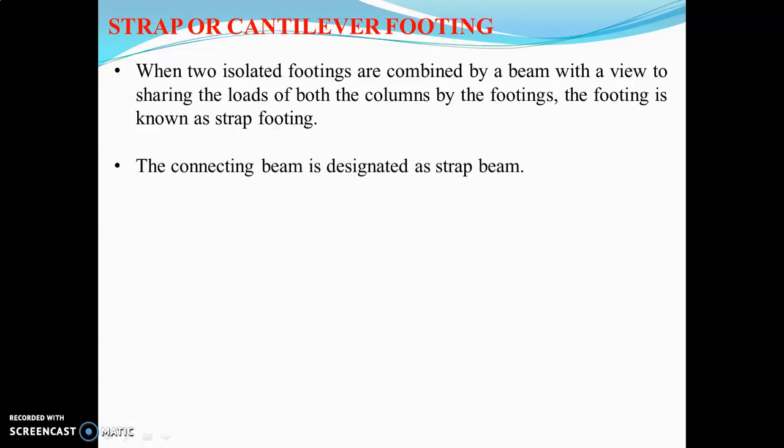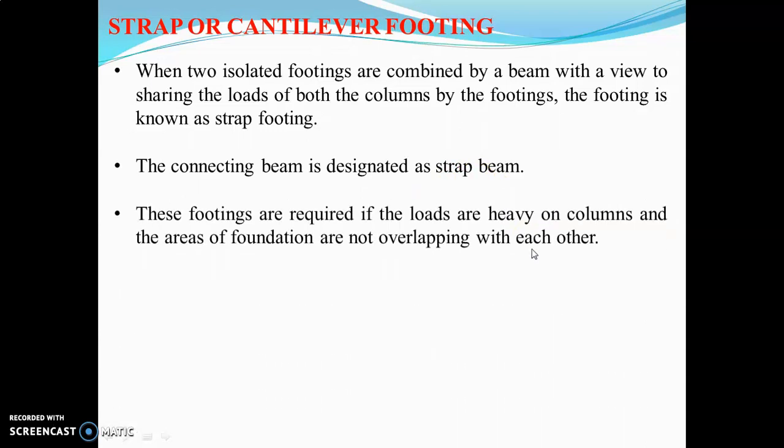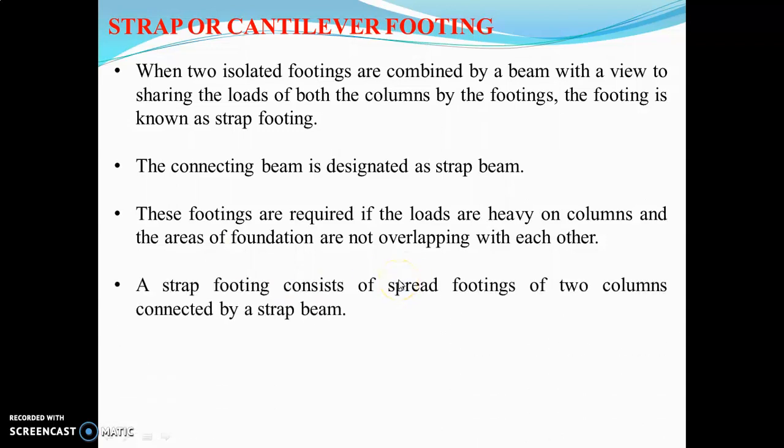The connecting beam is designated as a strap beam. These footings are required if the loads are heavy on columns and the areas of foundation are not overlapping with each other. In such conditions, the strap footing or cantilever footing is provided. A strap footing consists of spread footings of two columns connected by a strap beam.